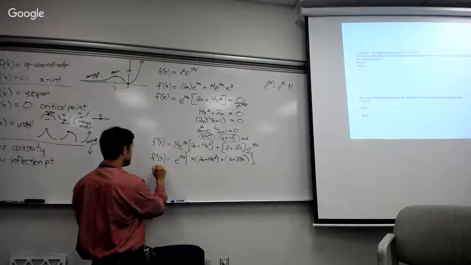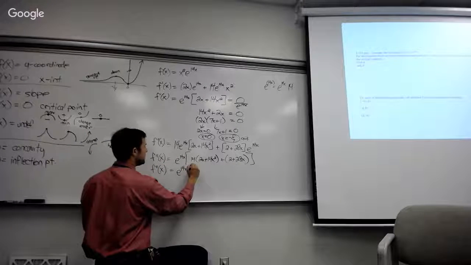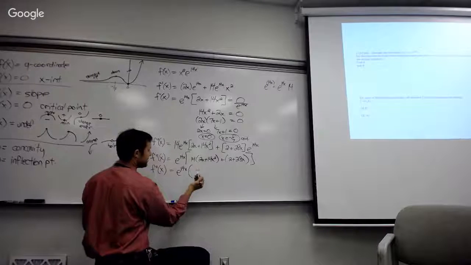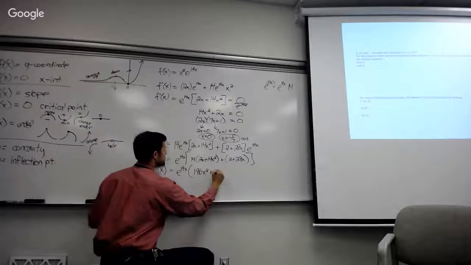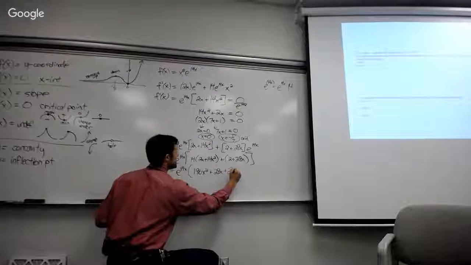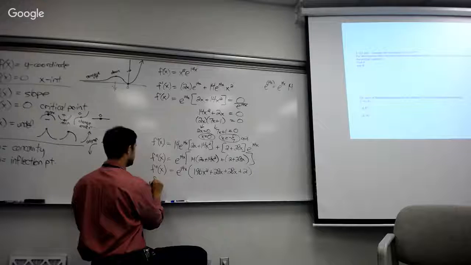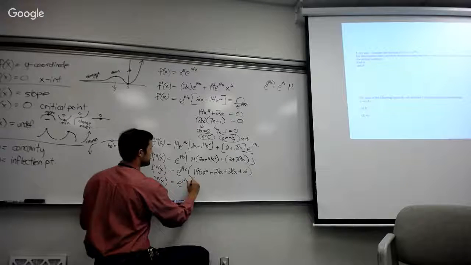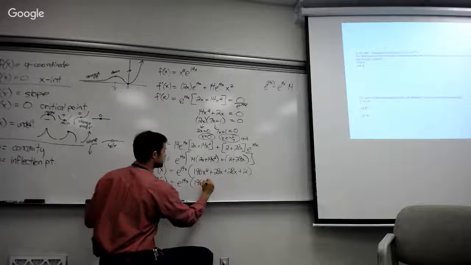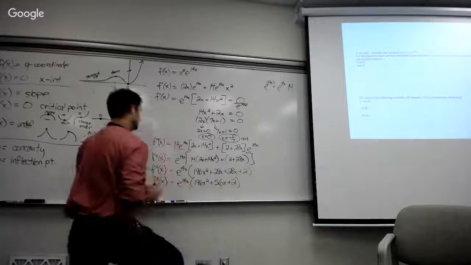We do want to clean this up. e to the 14x times what? 14 times 14 is 196x squared, plus 28x, plus 28x, plus 2. Which is e to the 14x, 196x squared, plus 56x, plus 2.